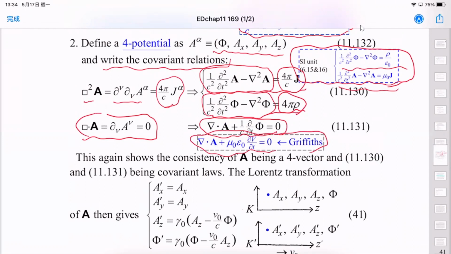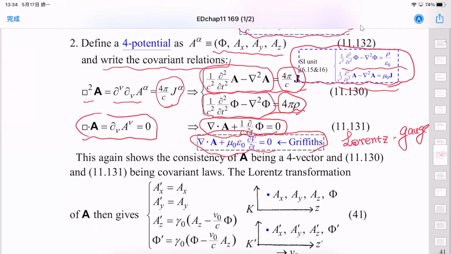Lorentz gauge. That's the Lorentz gauge. And Lorentz gauge will be independent of the reference frame. So it looks like the Lorentz gauge automatically satisfies the Lorentz transformation. Okay, that's the Lorentz gauge.